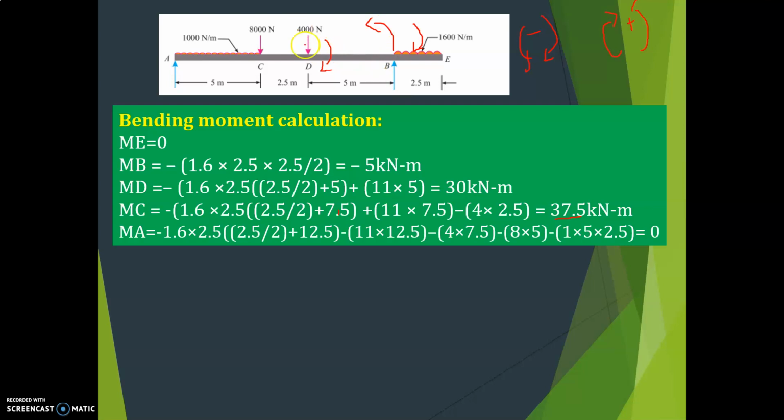Then again, this load's direction is like this, minus 4 into 5 plus 2.5, 7.5, minus 8 into 5, this load 8, and one more UDL, 1 into 5 into 2.5. When you simplify that, you get 0.